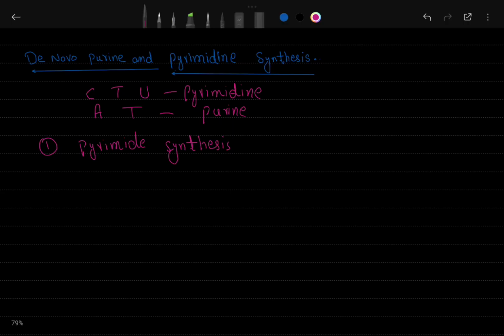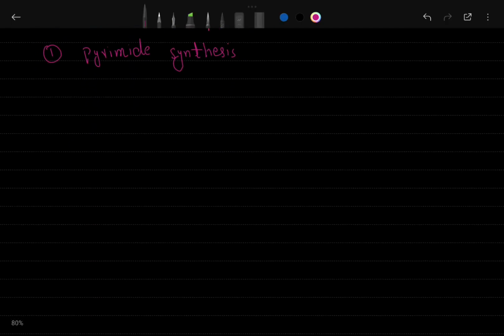This pathway builds the pyrimidine ring first, then attaches it to sugar. The starting ingredient it begins with is glutamine plus carbon dioxide plus ATP.